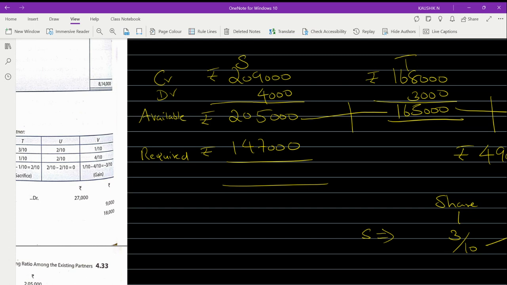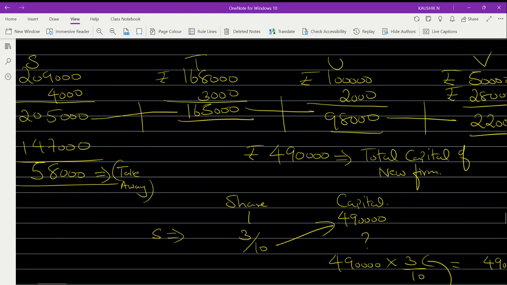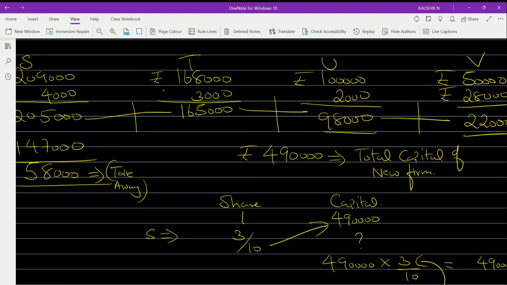Very good. So 58,000 rupees is there as excess. So this 58,000 rupees, which is excess, he will take away. That means withdraw. Partner Yes will withdraw 58,000 rupees.